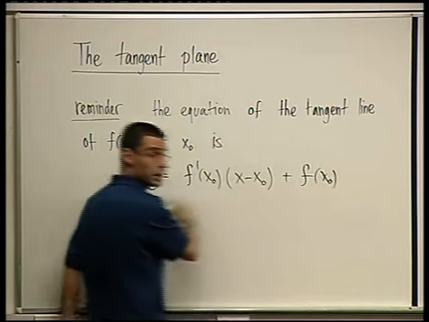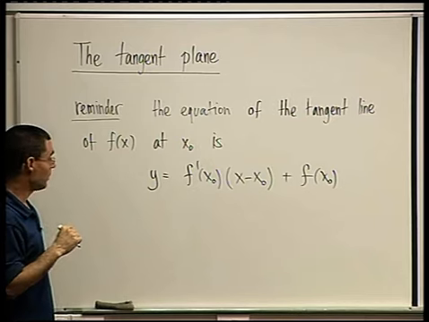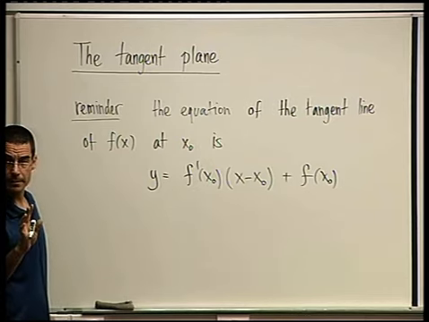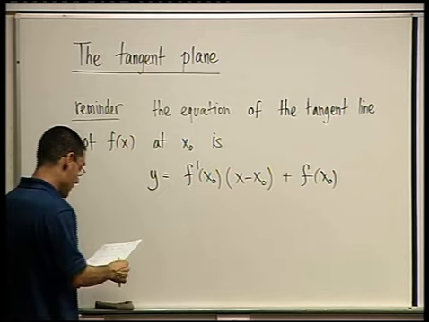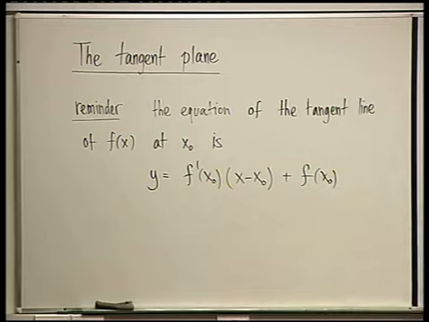You all know this, right? This is the equation of the tangent line to a single variable function, right? Everybody? Okay. So what I want to do now is, let's look again at this drawing, which is still on the board.